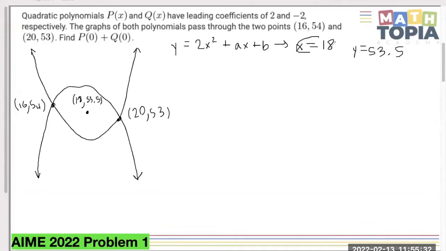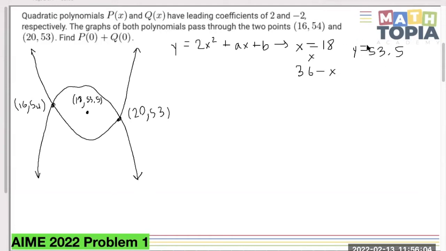To reflect across x equals 18, every point over here has to reflect to a point over here. The thing about their x values is that, let's say this is 18 minus a, this would have to be 18 plus a, which means the sum of these two values would always be twice 18, which is 36. So what we do is replace x with 36 minus x.